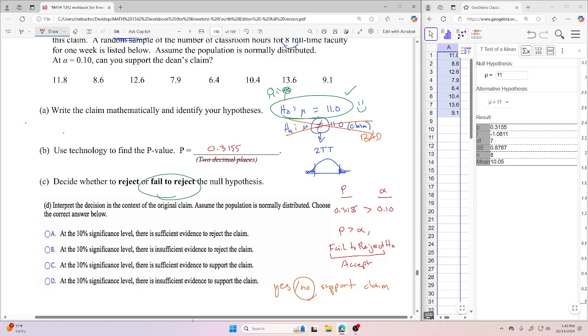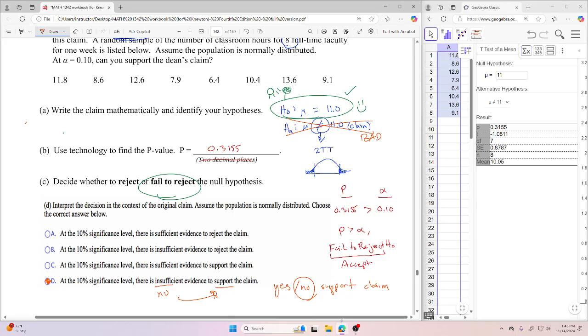What option looks the best? D? You like D? So yeah, insufficient support. So that's like not support the claim. Yeah, I think that's it right there. So no support for the claim. That's what it's trying to say.